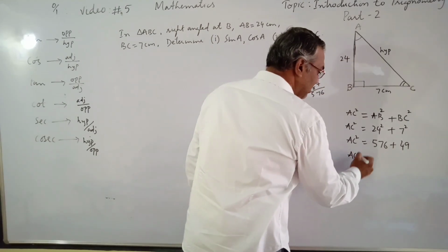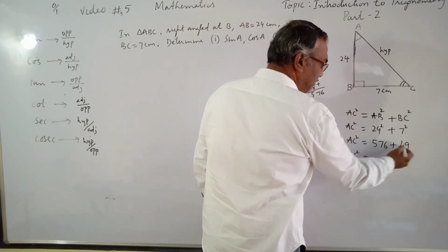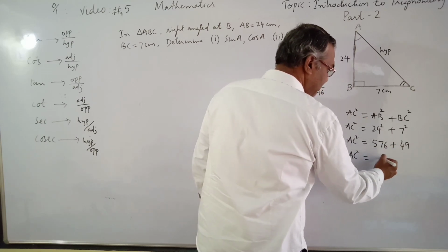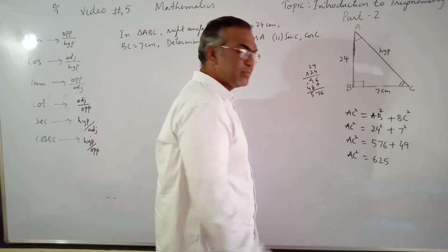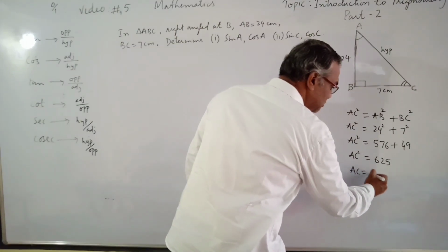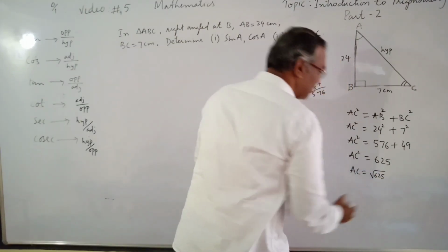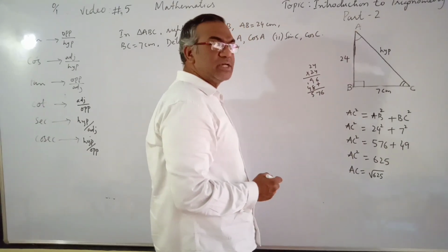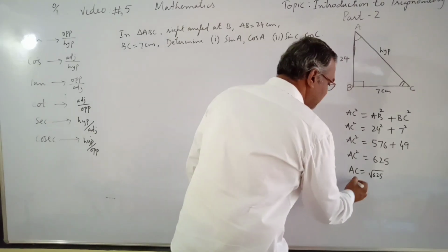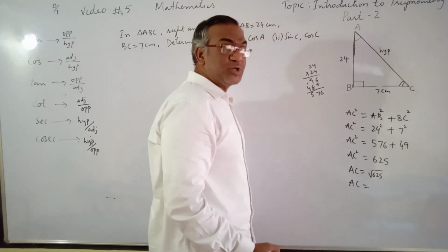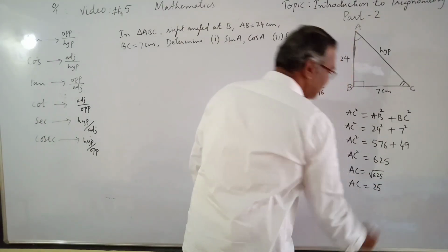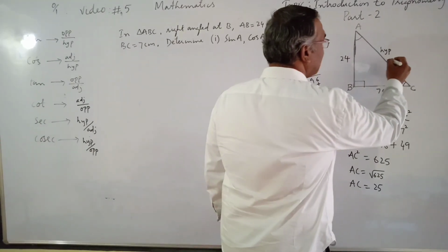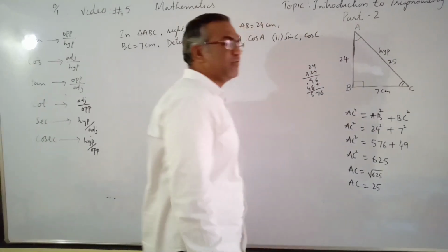So AC square will be equal to, add them up, it will be 625. So AC will be equal to square root of 625. Taking square root on both sides, AC will be equal to 25. 25 into 25 is 625, right? So hypotenuse here is 25.